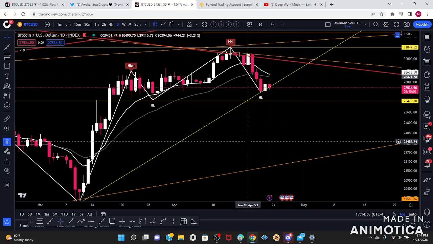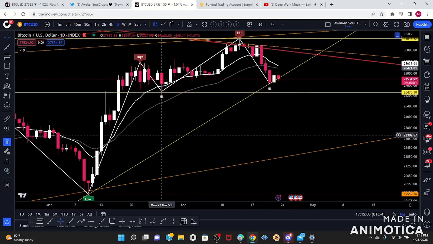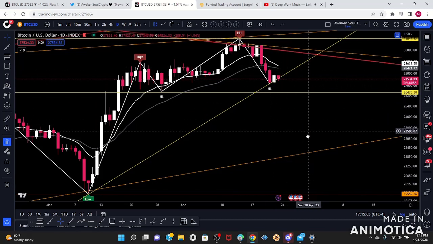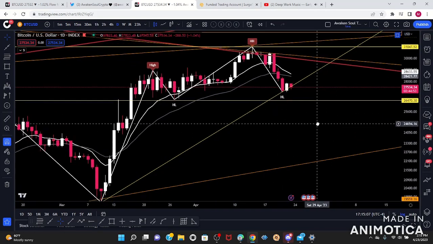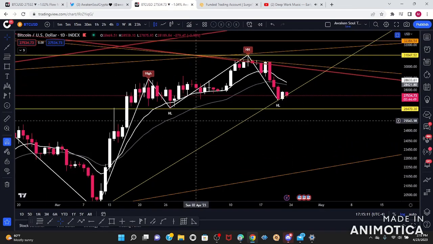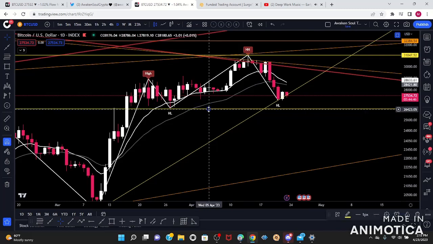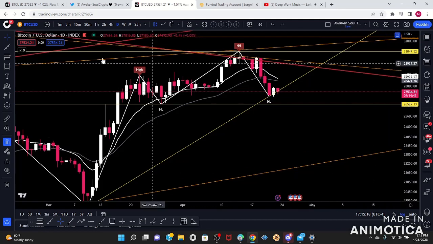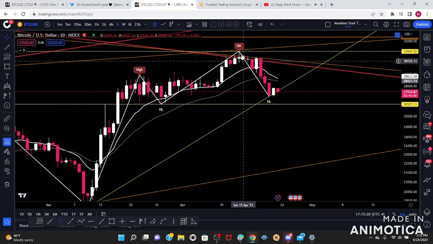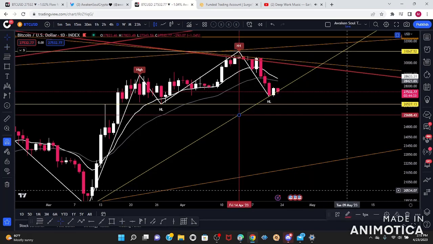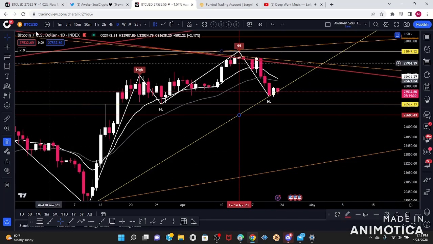So if this candle closes under this daily support trend line, I'm expecting more of a down movement. If this trend line breaks and confirms, and I also want to confirm this major support at 26,527, my target would be based on this high, right where it intersects, at 25,688.